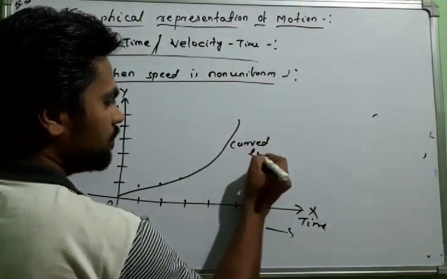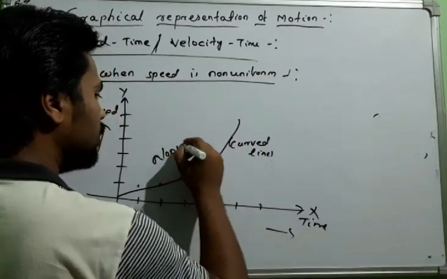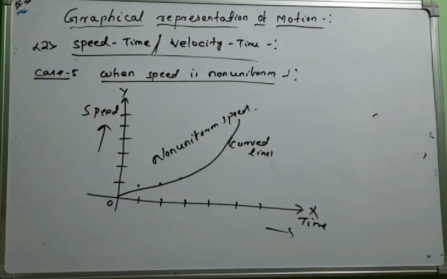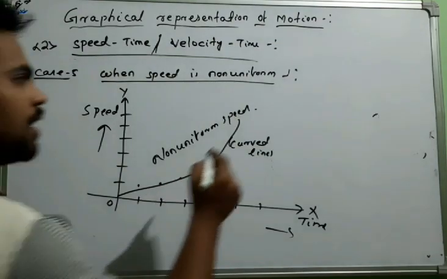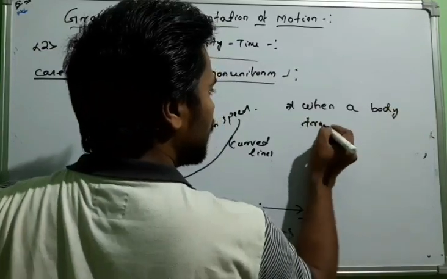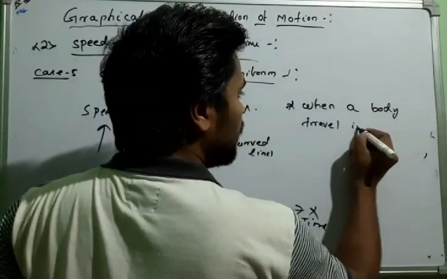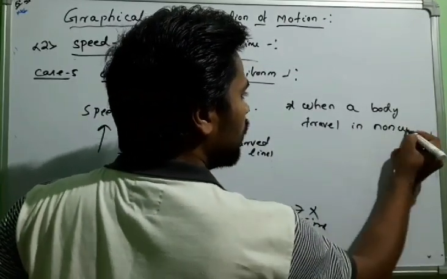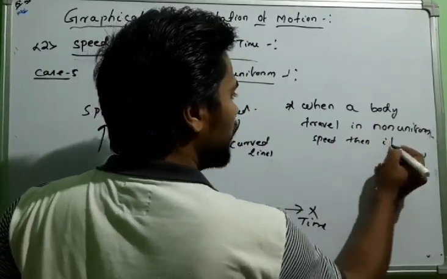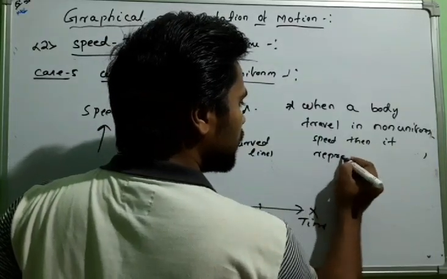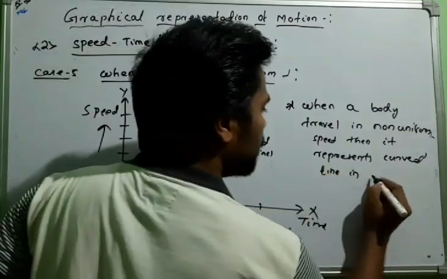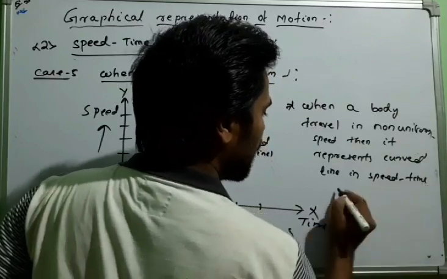In non-uniform speed, write down: when a body travels in non-uniform speed, then it represents a curved line in the speed versus time graph.